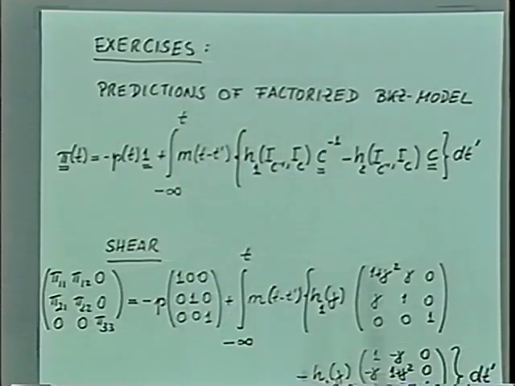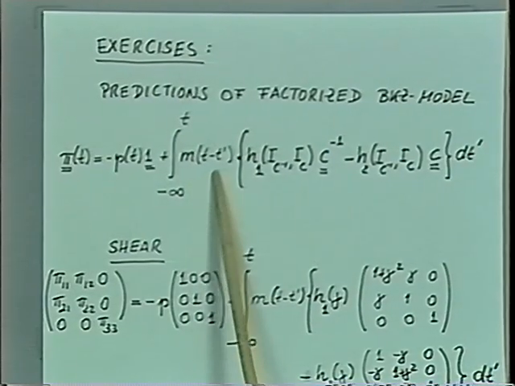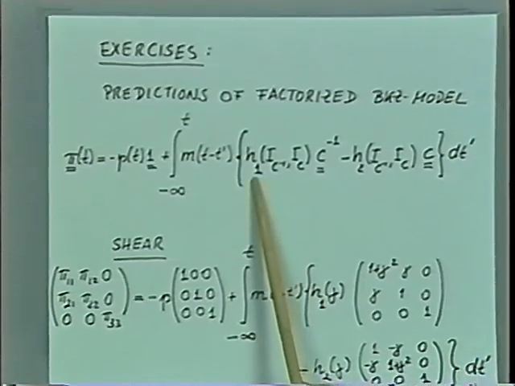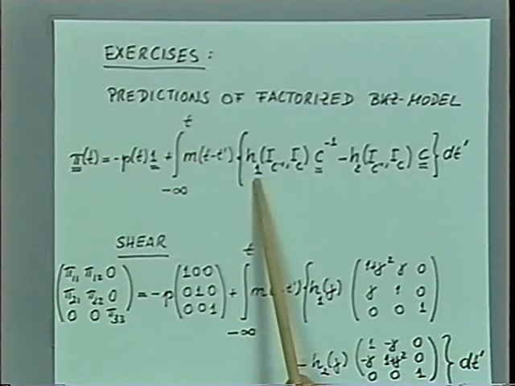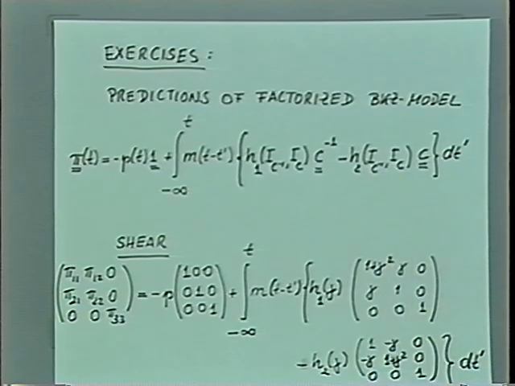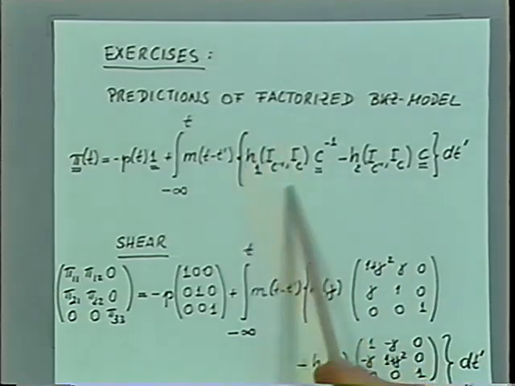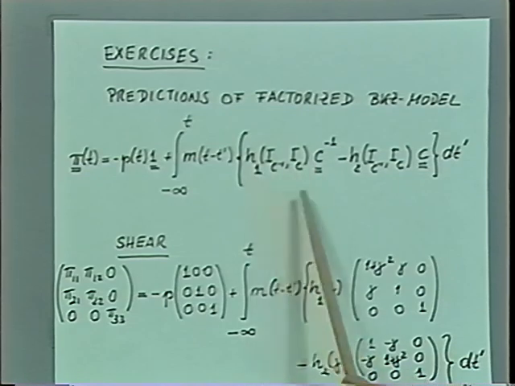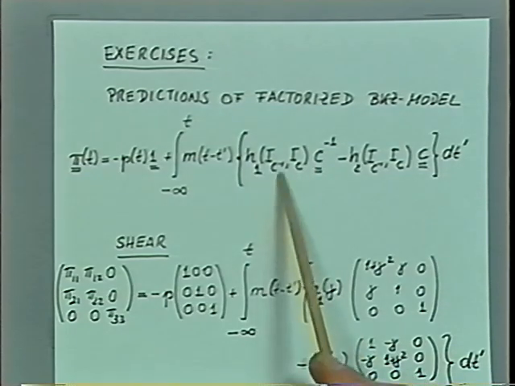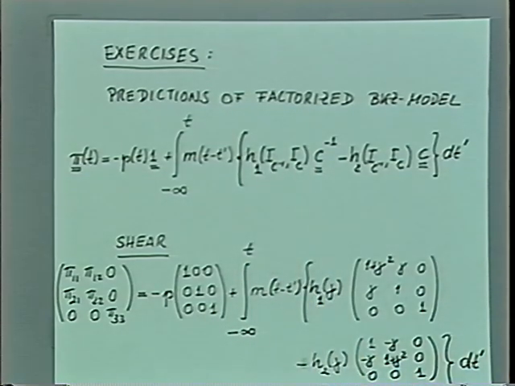Okay, that's it. Let's do some exercises with that factorized memory function so that you see how it works, what it can predict. The model, again, looks something like this. We have this memory function for the time dependence, and the strain functions, let's call those now just H1 and H2 for simplicity. Those really incorporate the strain part of the strain energy function, the derivative.